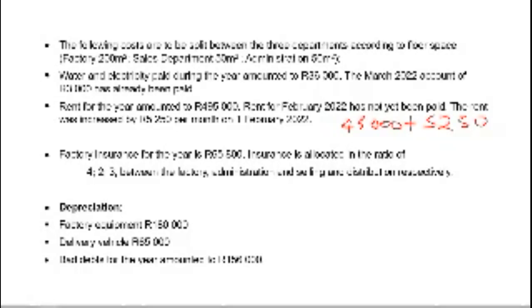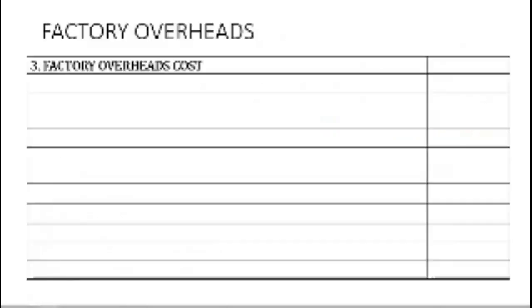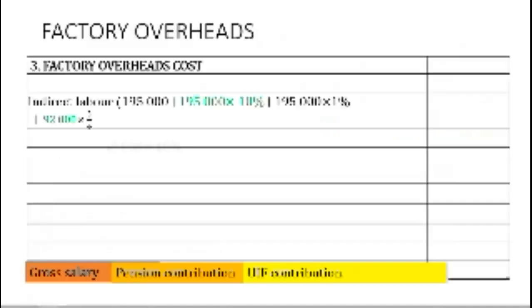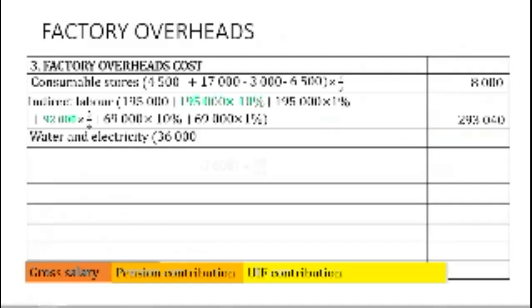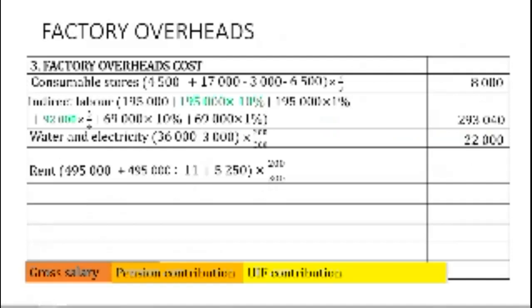Remember, we allocate according to the floor space. That is why for rent, I simply took that 495,000 and added the 50,250. This whole bracket here will give you 50,250.